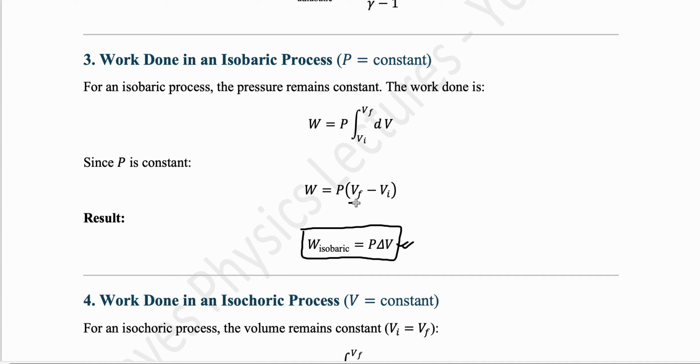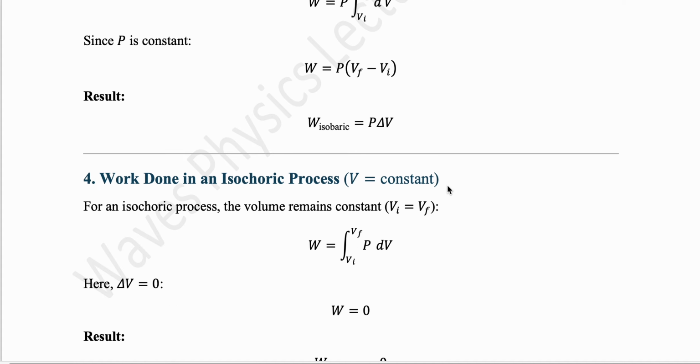The work done depends on the final volume and the initial volume. It does not depend on which path you are following. It just depends on what my final volume and initial volume are, that's it. So such systems are called conservative systems. It does not depend on the path. So this is what is there with the isobaric process.